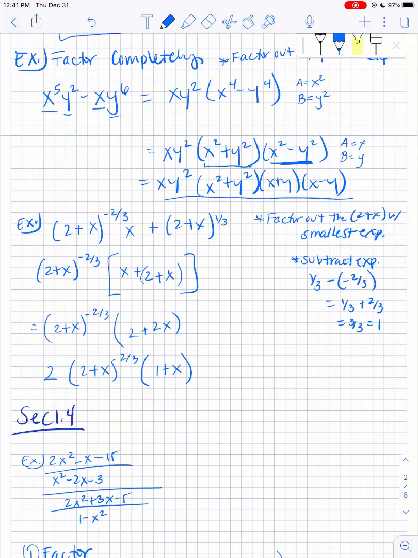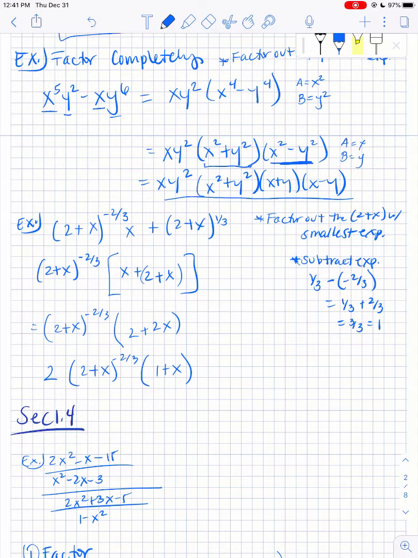I factor 2 plus x to the minus 2/3 from the first term, and I'm just left with x. And then for the second term, I'm going to subtract the exponents to factor it out. So I do 1/3 minus negative 2/3. That becomes 1/3 plus 2/3, which is 3/3, which is 1. So I'm just left with 1.